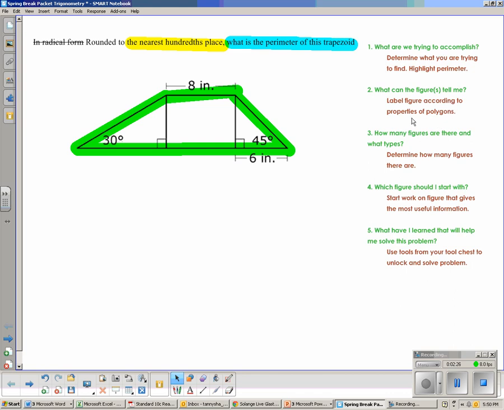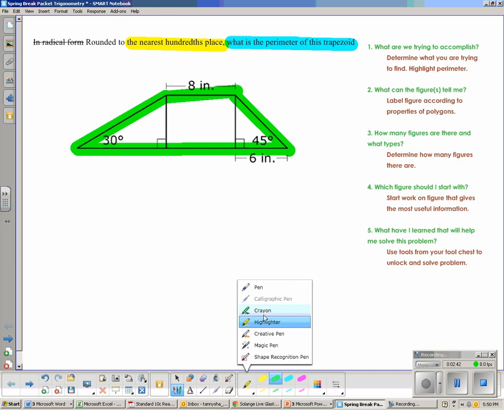Okay, step two. What can the figure tell me? Here we're going to label the figure according to the properties of polygons. Basically, at this point, we have 8 here. What do we know about the figures that we have here?